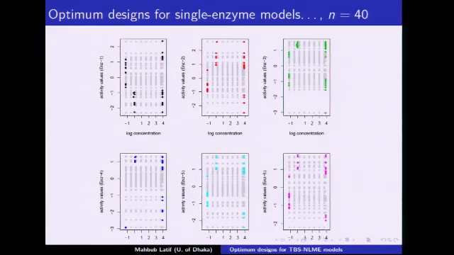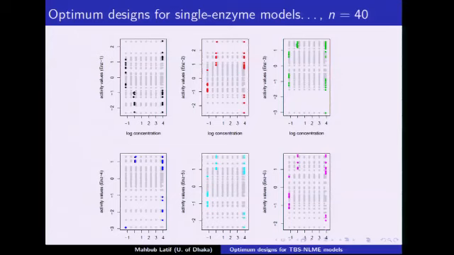And this is the design when we are interested in only 40 runs. You can see this is designed for different enzymes, so we obtained these designs separately for the different enzymes. You can see that from enzyme to enzyme the designs are different.